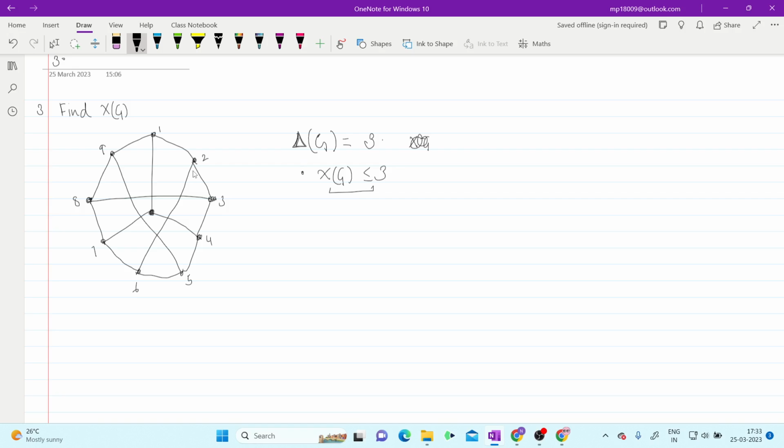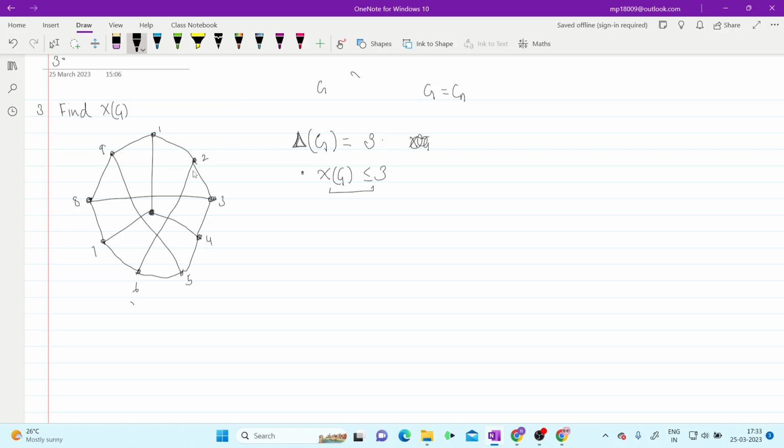This graph has an odd cycle, I think. Yes, we have 9 vertices. So 3 plus 1? No. The condition is that G is an odd cycle. It is not that G has an odd cycle.